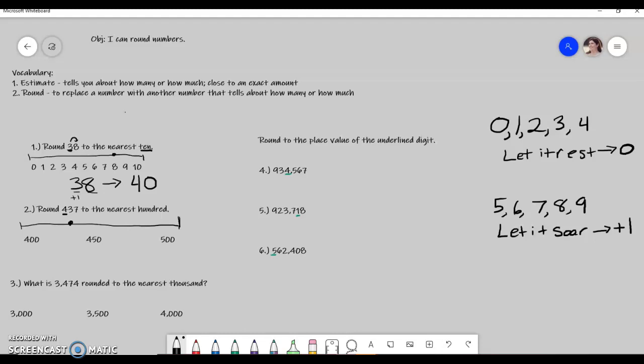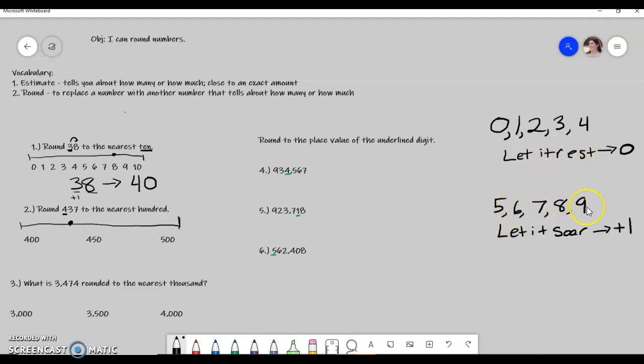So now here's the question. If that's about, because we're estimating, about where the 437 is, is it going to go down to the 400 because we're rounding to the nearest 100, or is it going to go up to 500? Well, let's look at our rules. If it's 0, 1, 2, 3, 4, we need to let it rest.